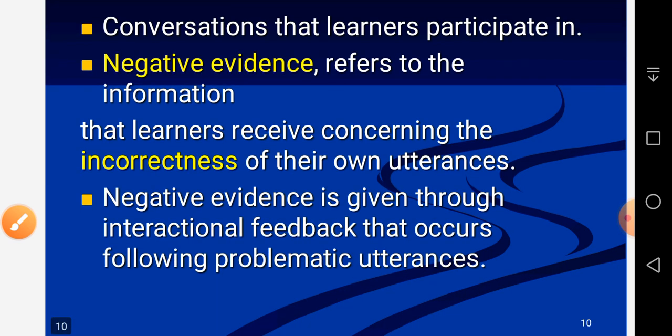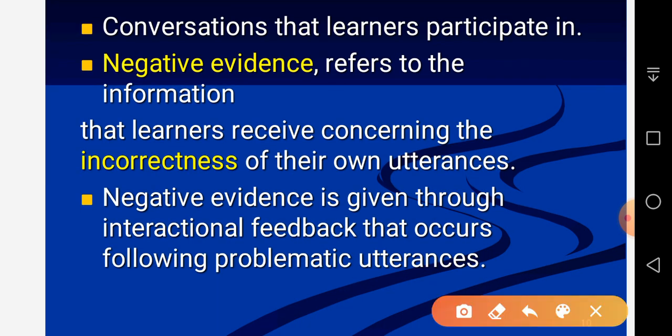Now negative evidence is given through interactional feedback that occurs following problematic utterances. It means that you as a learner make utterances which are problematic, which contain errors. So your interlocutors, the proficient language user, the person who is senior to you, he or she will provide you feedback.